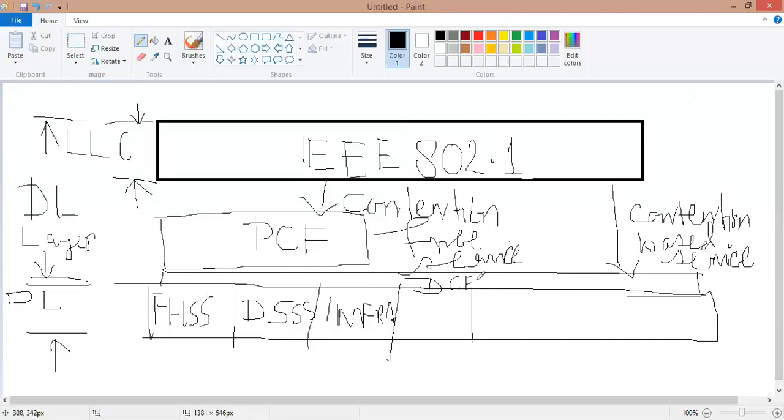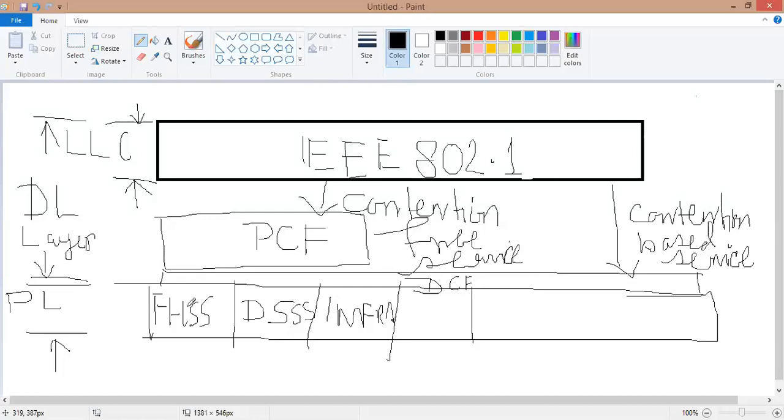And these work over the physical layer of IEEE 802.11: FHSS, frequency hopping spread spectrum, or direct sequence spread spectrum, or infrared, or some other standard based on IEEE 802.11.